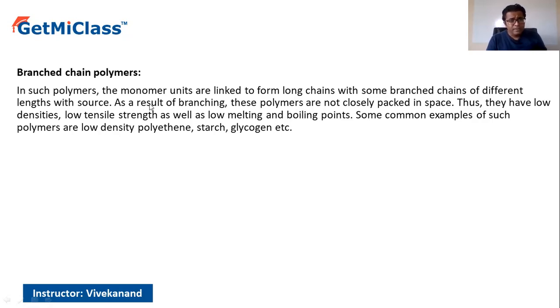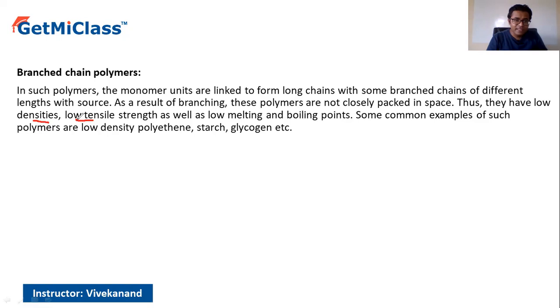As a result of the branching, these polymers are not closely packed. Now, there is a distance between one polymer chain and another. Due to this space, the density lowers. So it has a direct effect upon its density, lower density.